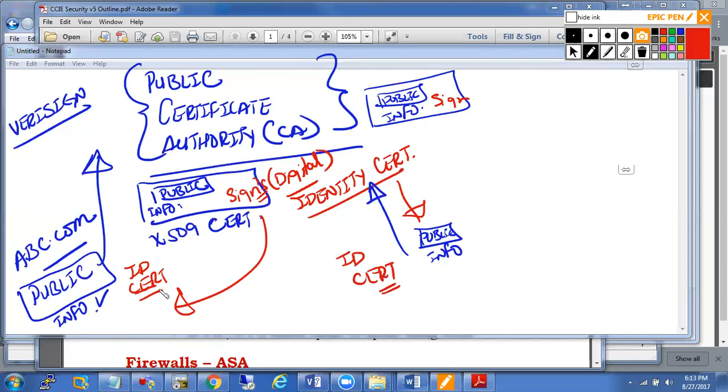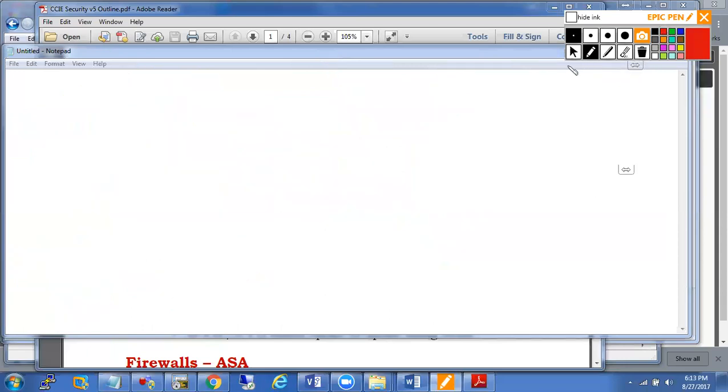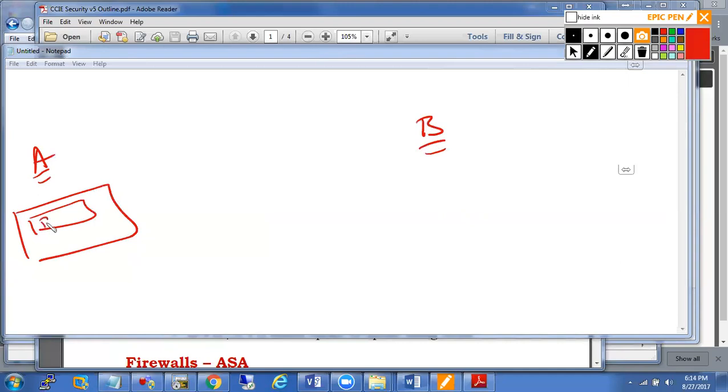Good so far? So the end result at this point, once I do my registration, is what? My end result over here is both A and B will have a certificate that will contain their public key, their info, CA info, and a signature by whom?